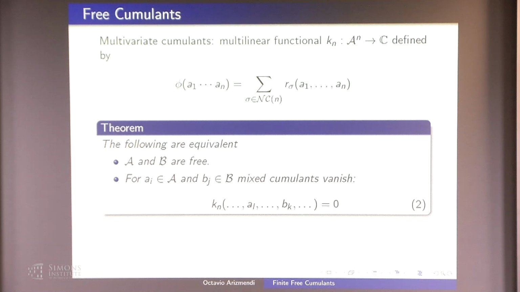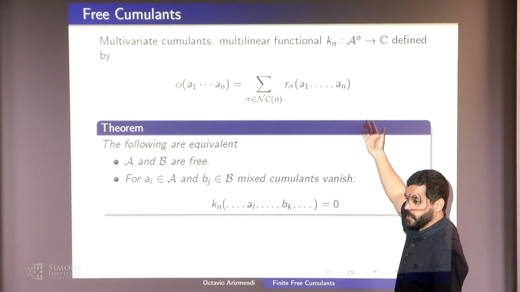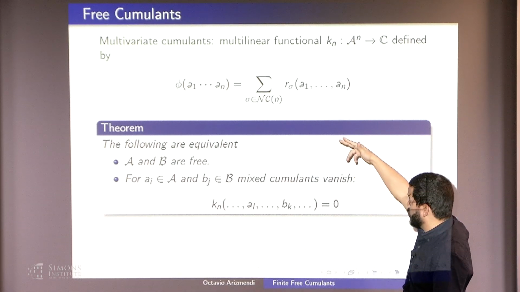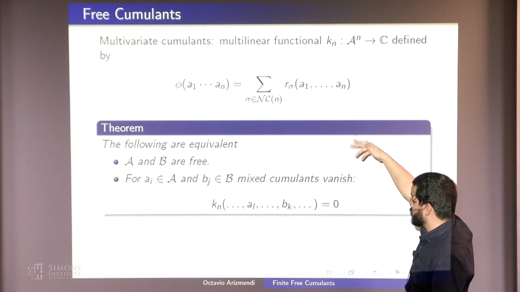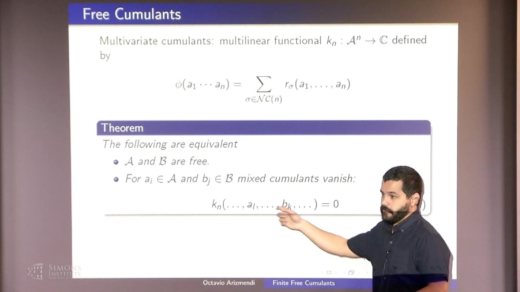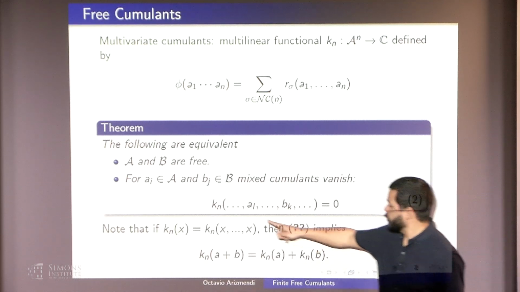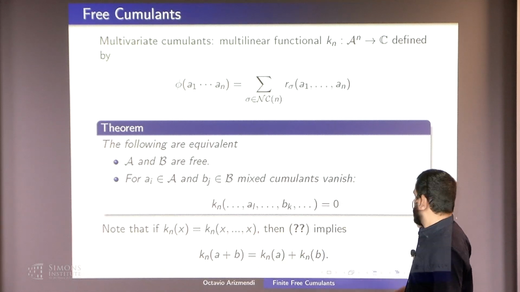So there is also a multivariate version of cumulants, which is given by the same formula. The difference is that the property of additivity of cumulants for one-dimensional cumulants is generalized to the vanishing of mixed cumulants.